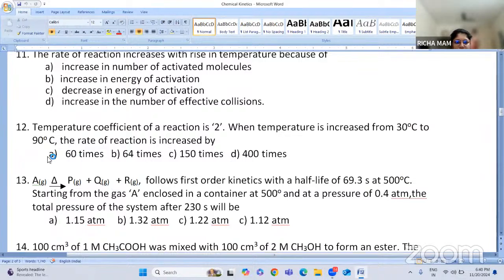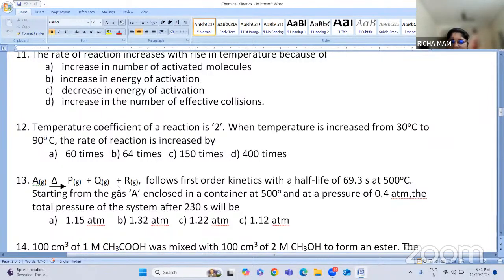The 13th question is here. A is a substance which is gaseous in state. It is heated to give P plus Q plus R. These are the products obtained, and these are all gaseous again. This reaction follows first order kinetics, and the half life is given as 69.3 seconds at 500 degrees Celsius.